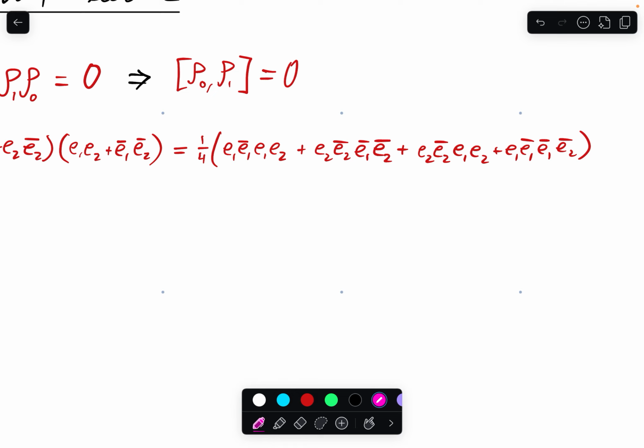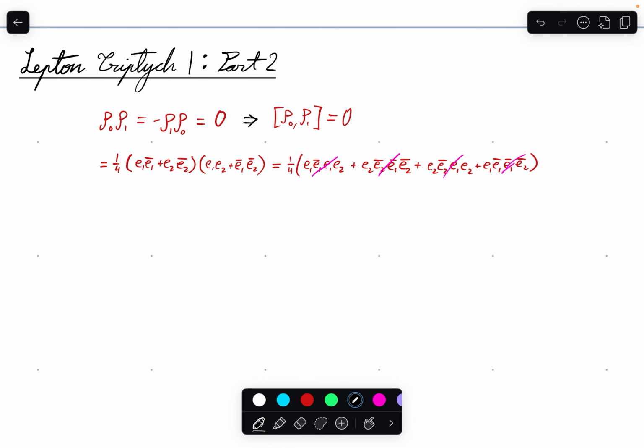And this term right here will cancel with this term, and these two terms will cancel. Okay, so that's the errata.